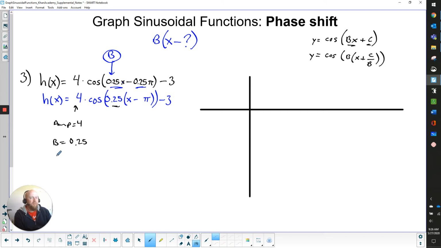We're doing this in degrees here, so watch for the degree symbol, since the problem is in degrees. So we calculate the period here, which will help graph with that formula.